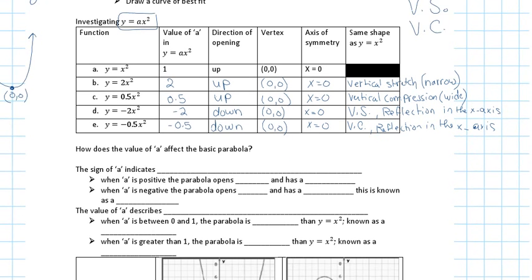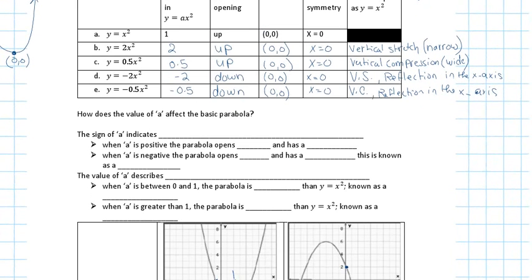Okay. Sign of A indicates what? So if A is positive or A is negative, what does it tell me? The direction of opening. Yeah. So when A is positive, the parabola opens up, and if it opens up, then it has what?